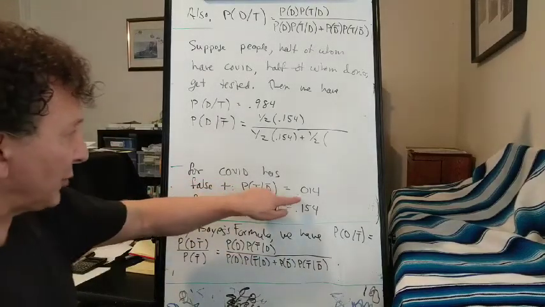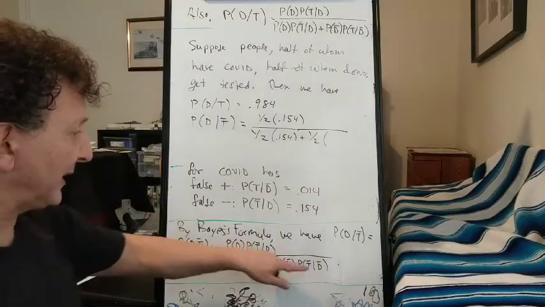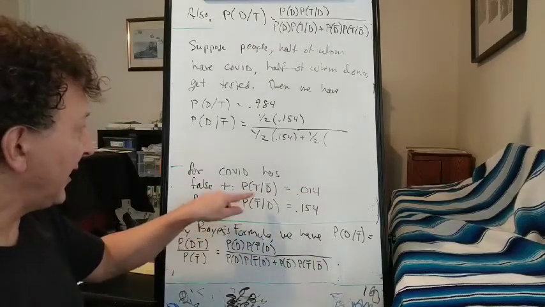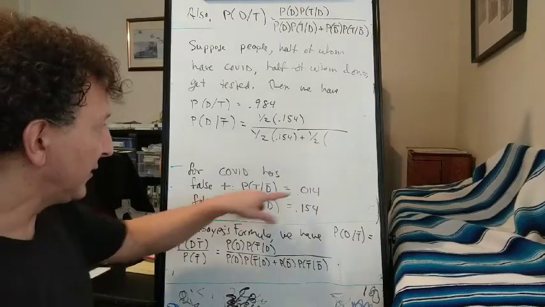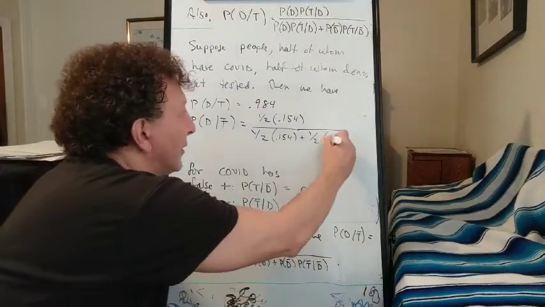So that's 1 minus 0.014, because the probability of testing negative given not having the disease and the probability of testing positive given not having the disease have to add up to 1. So 1 minus 0.014.